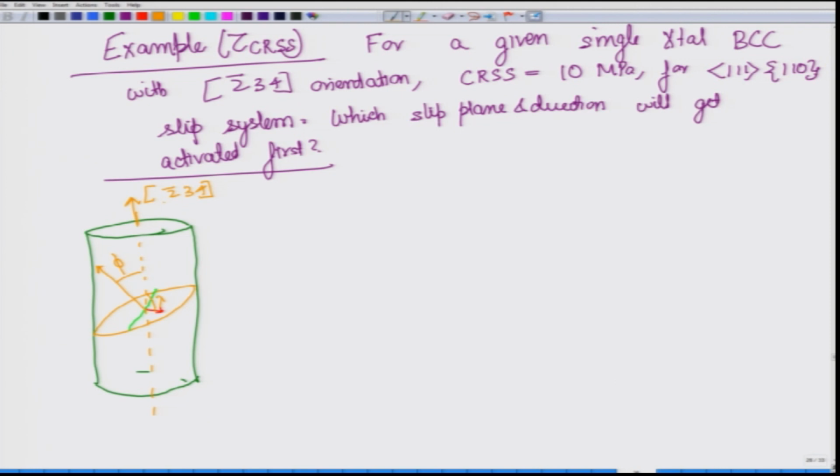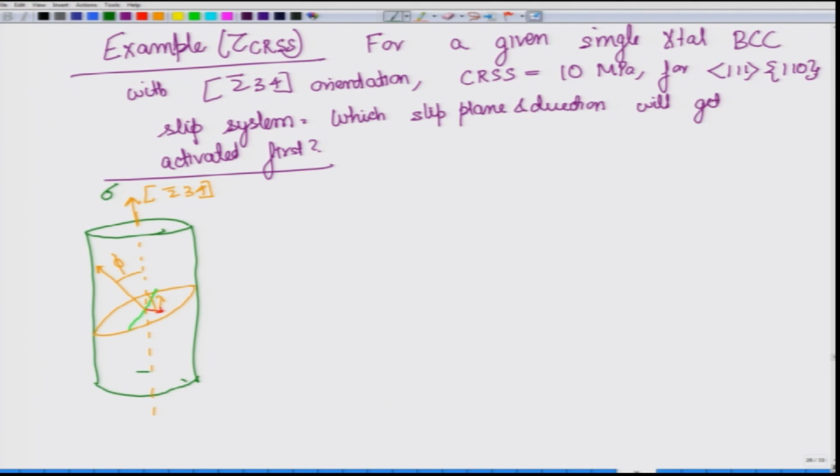So, this is the orientation bar 2, 3, 4, and let us assume that there is some stress being applied, let us denote it by sigma. Let us say this is the slip plane which gets activated first. Then it would mean that at a certain value of sigma, this is the sigma required for yielding of the material, so we can also call it sigma yield.